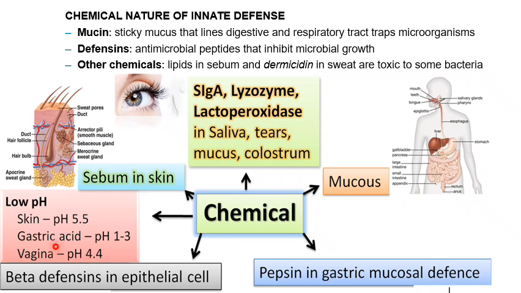And our pH: the pH of the skin is 5.5, the gastric juice pH is 1.3, and the vaginal pH is 4.4. This prevents the accumulation of microorganisms in those areas.